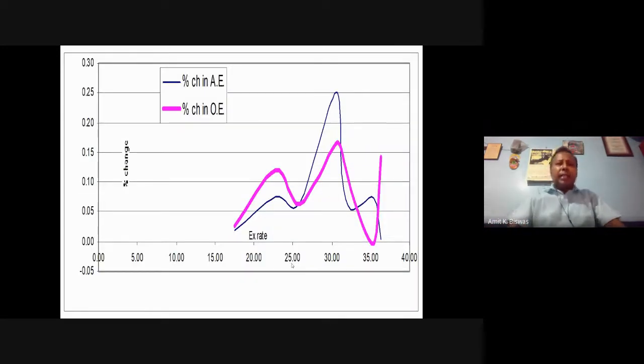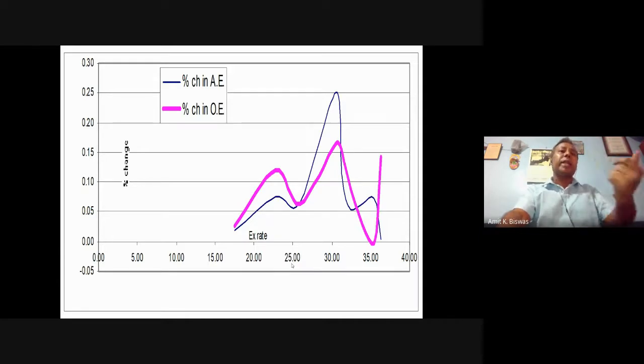And you see, these are the percentile changes in exports and imports with respect to the percentile changes in the exchange rates. On the horizontal axis, you have exchange rates, and on the vertical axis, you have the change in the actual and official. Now you know what could be actual, what could be official. Official is what India is reporting.